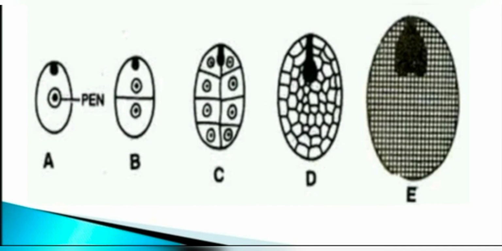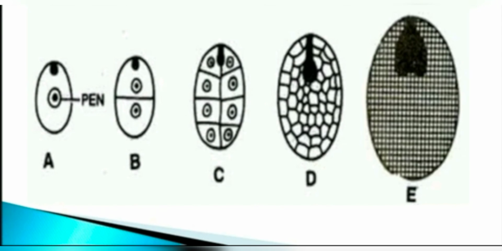There is no free nuclear stage, only cells will appear. So this type of division is known as the cellular endosperm, and it forms a tissue called the cellular tissue. In this, only wall formation occurs without free nuclei.